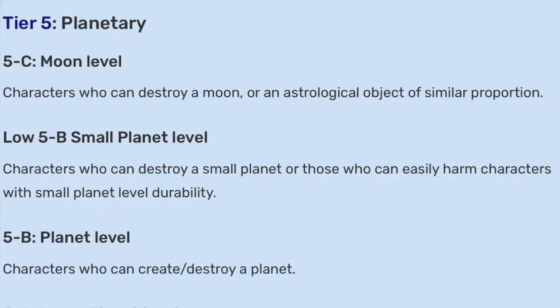Tier 5 is also known as planetary. I don't know if it's a coincidence or not, but there are 5 sub-tiers in tier 5, just like tier 7. So yeah. There is 5C, which is moon level. Low 5B, small planet level, can destroy a small planet. 5B, which is planet level, you could just destroy a planet.